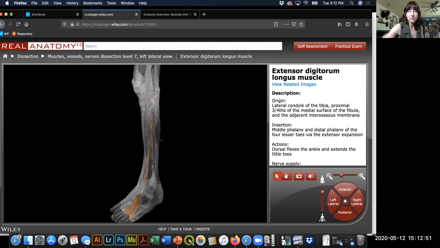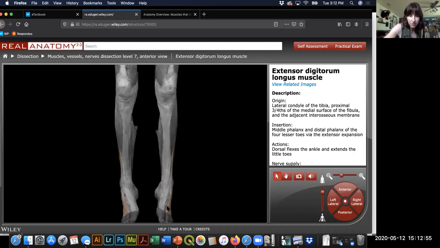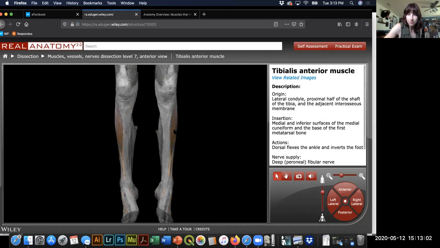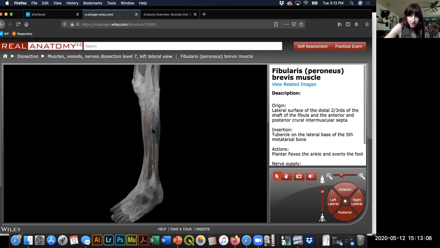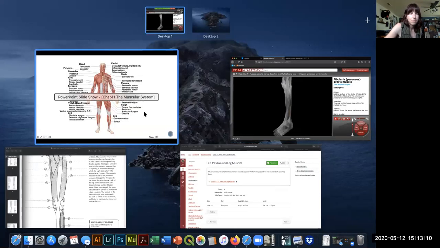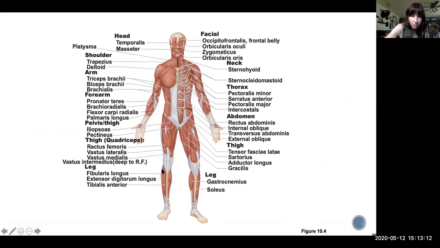So those three muscles on the anterior side are what you need to know. See how it wraps around the front here. So you had, again, extensor digitorum longus, the tibialis anterior, and then finally that fibularis muscle, and we're just calling it the fibularis longus for our purposes.